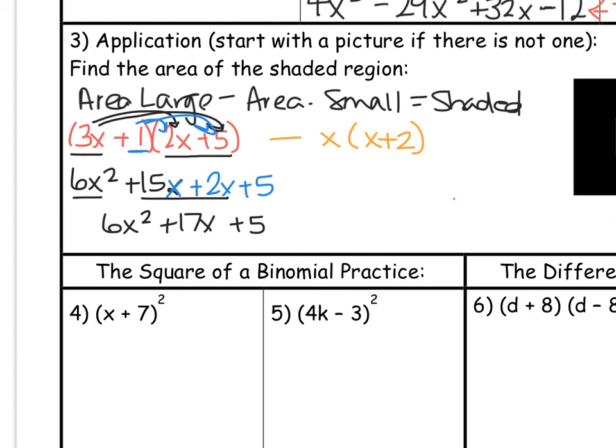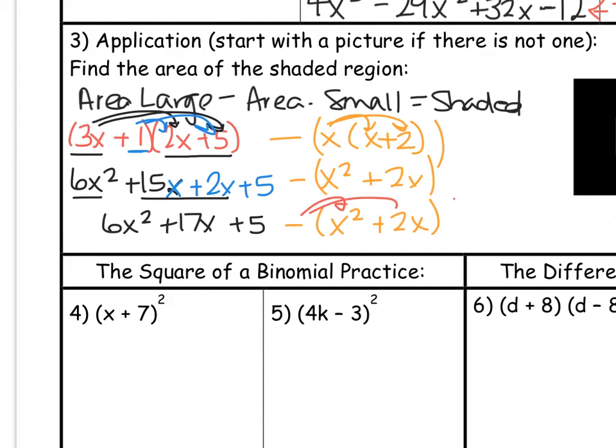And from that, we have to subtract this one. And this is easy, it's just x times x and x times 2, so that gives us x squared plus 2x. So now we have to subtract x squared plus 2x from 6x squared plus 17x plus 5. And keep in mind from yesterday's notes, we have to distribute this negative out as well because we're subtracting the whole thing.